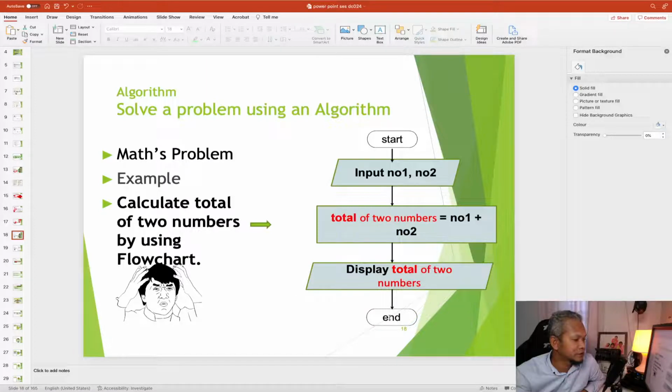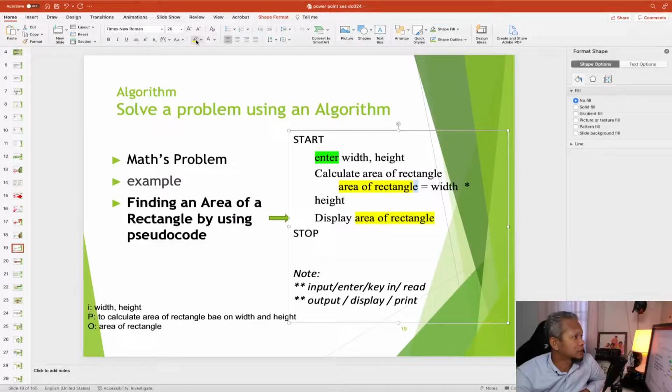For instance, if this area of rectangle you spell A using a capital letter, and this area you spell with a small letter, that cannot be connected, because the computer will know two different variables.